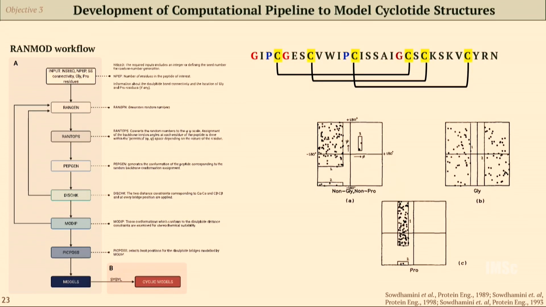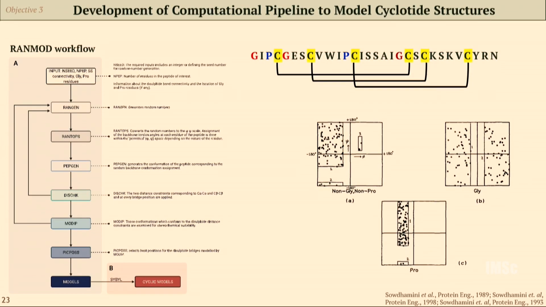So I think it's very appropriate that I talk about it, which is to assign 3 random numbers for each amino acid in this peptide sequence, which the program RAN-mod is then going to convert into phi, psi and omega values. The 3 random values will be converted that way, so that depending on whether it's a non-glycyl non-proline, which will be this particular square, or whether it is a glycyl residue, which will be this particular square, or whether the residue is a proline, which means it could be this particular square.